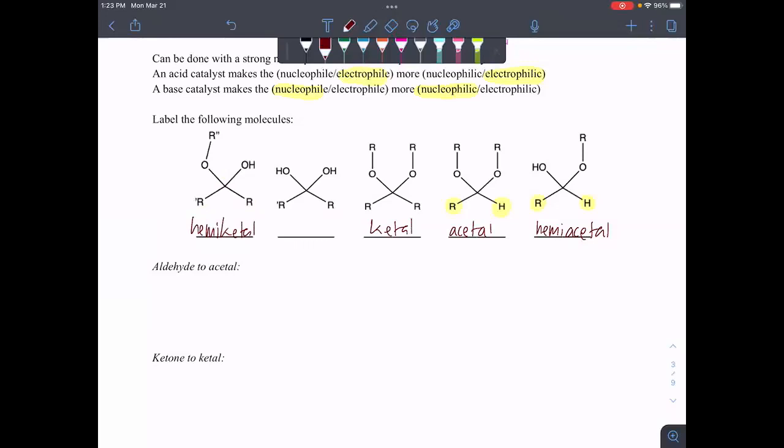And then the second one is a geminal diol. Remember, geminal means coming from the same carbon, and diol because there's 2 alcohols. So you can call it a geminal diol or a hydrate. It's not a ketal or acetal. Nope. But you get it through the same reaction that you get ketals and acetals from.